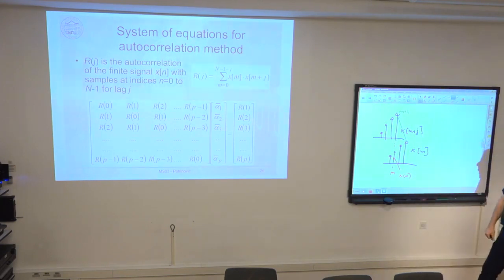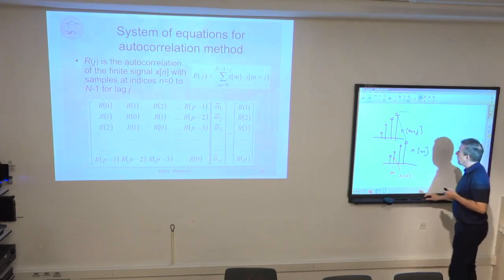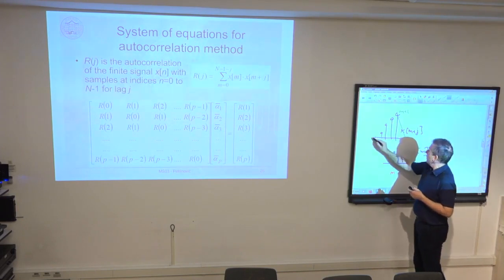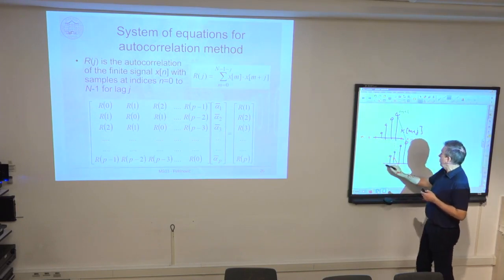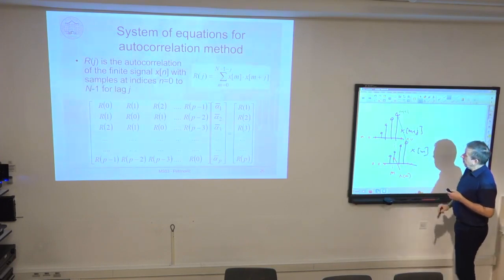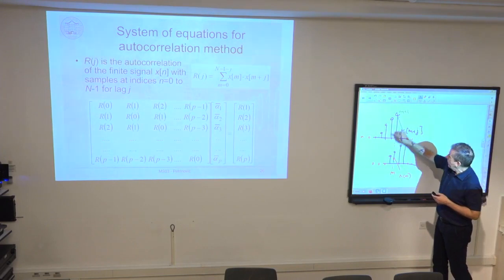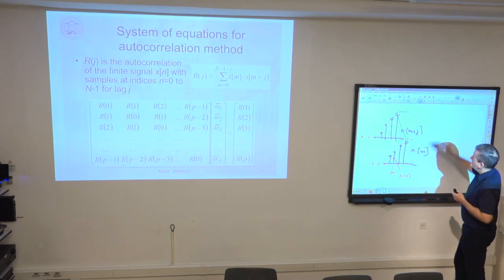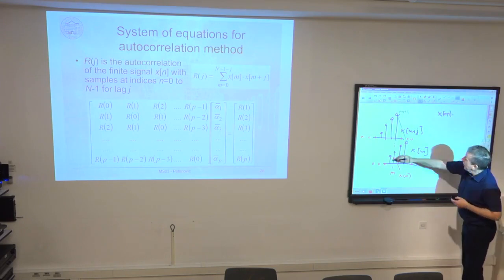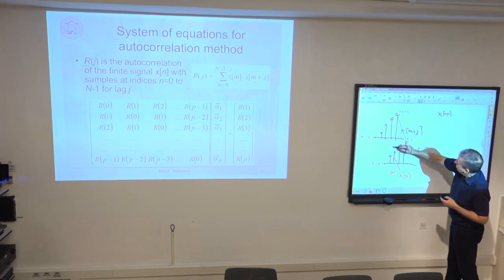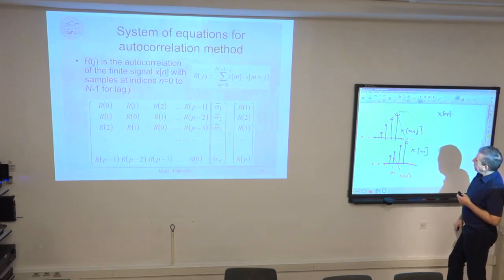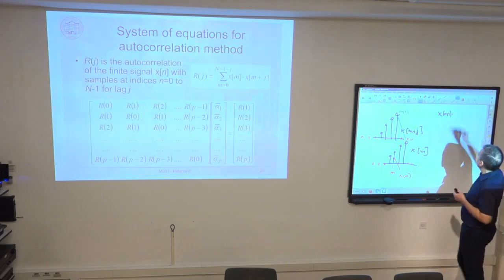And what do I have in the product? Since all other samples are zero, because the signal is of finite duration, as a product, I only have this pair here. So x of m multiplies x of m plus 2.